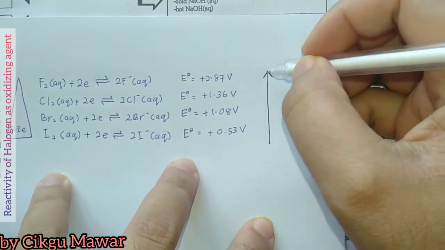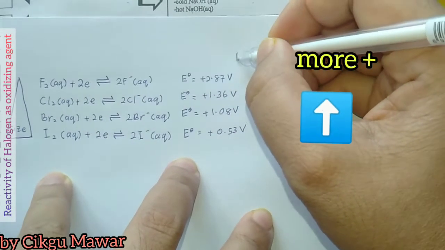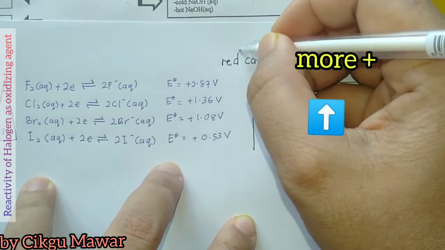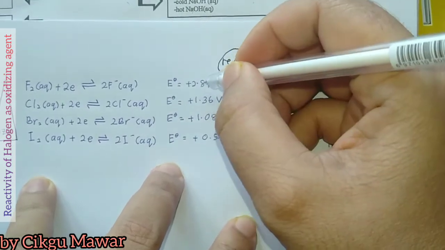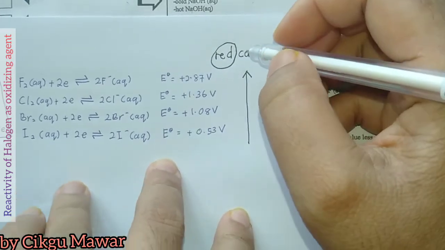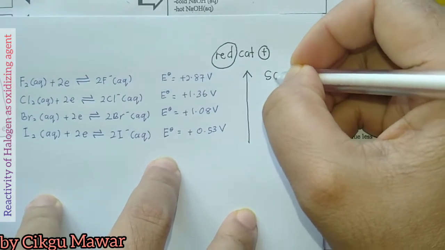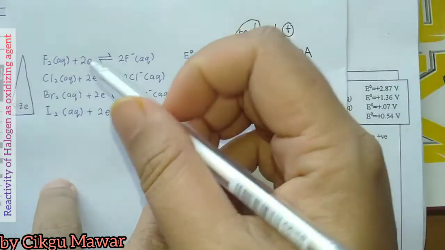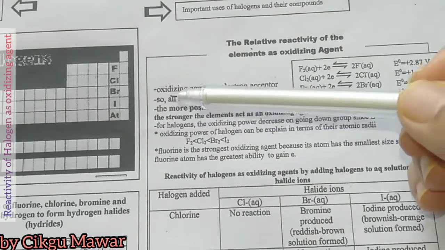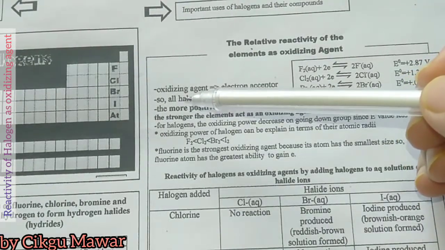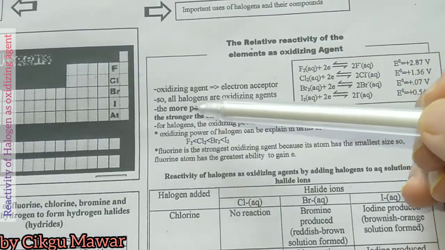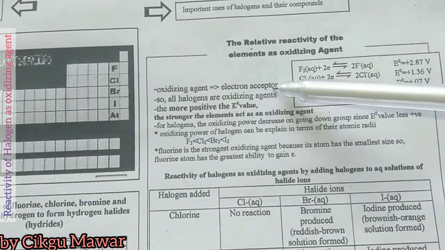Remember our formula, red cat: the most positive will act as a stronger oxidizing agent, which is itself will undergo the reduction process. When the fluorine acts as a stronger oxidizing agent, it is a good electron acceptor.